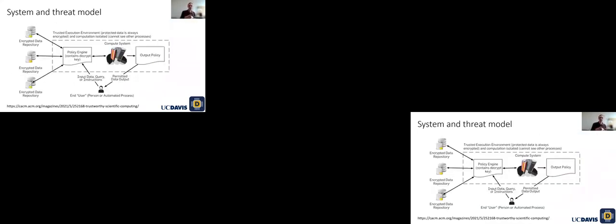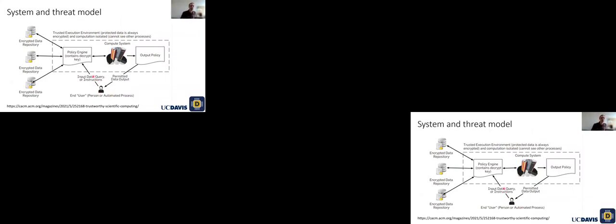So here's a picture from Sean Peiser, our collaborator at LBL. He has a really great overview of this in CACM earlier this year. This is essentially what our threat model looks like. You have these encrypted data repositories that you want to give some data scientist access to.